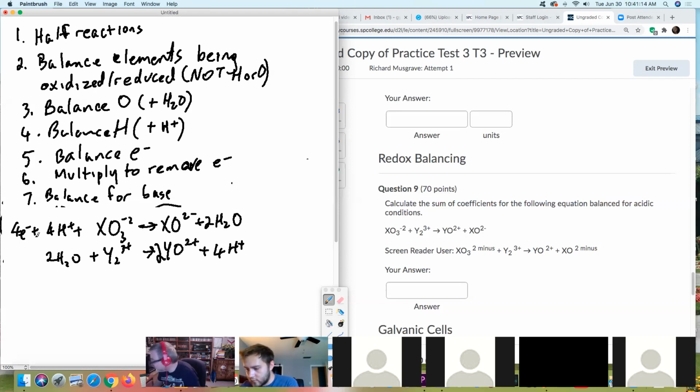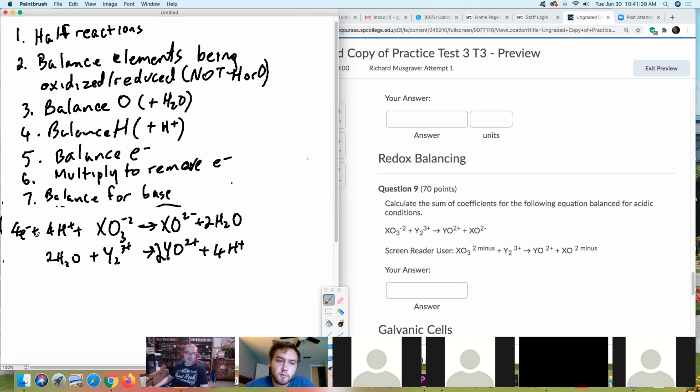There we go. Now for the other one, what's it going to be on the bottom one? 3+ on the reactants, and then 2+ on the products. Oh wait, no, 6+. No, not 6+ either, 8+. Yeah, 8+.